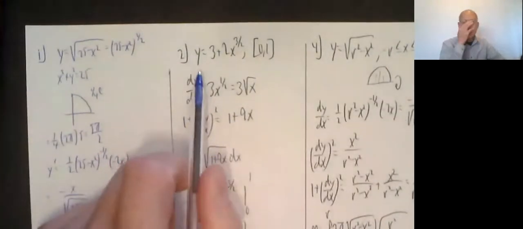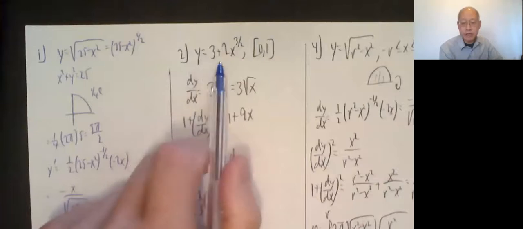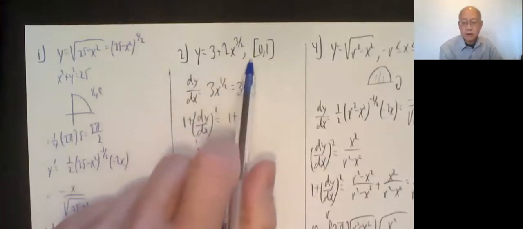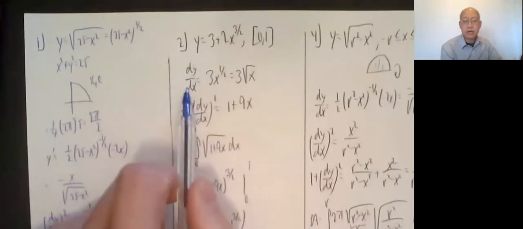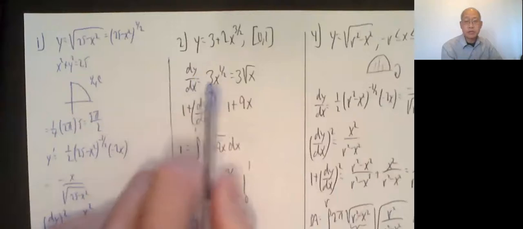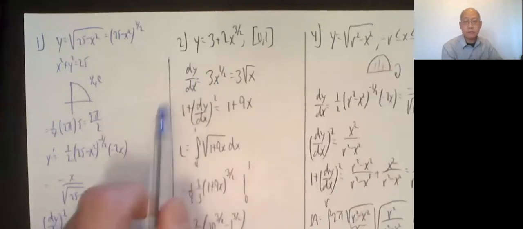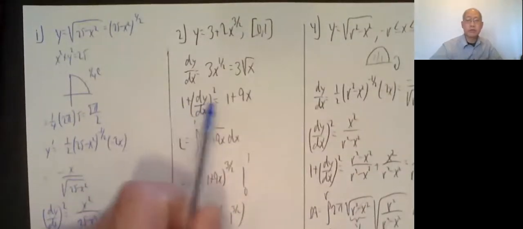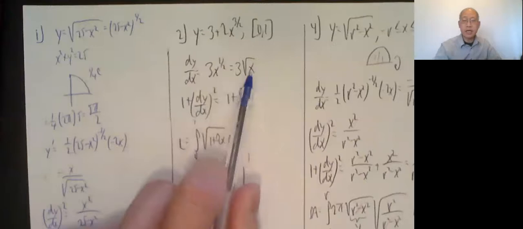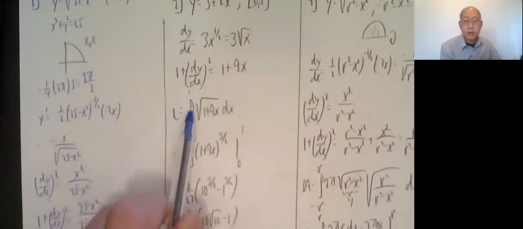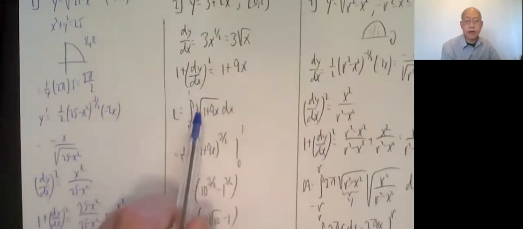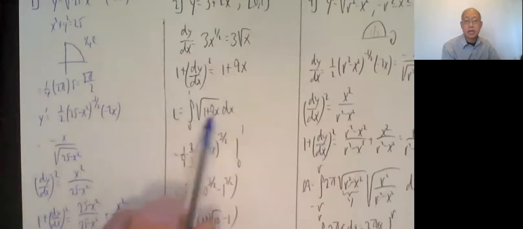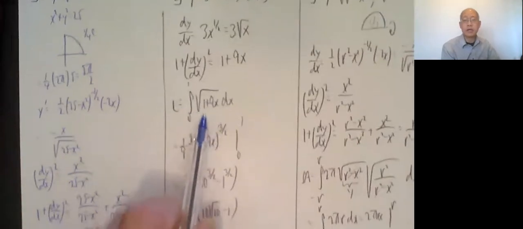Number 2, find the arc length. Y equals 3 plus 2x to the 3/2. We're going from 0 to 1. So dy dx is 3x to the 1/2, or 3 radical x. 1 plus derivative squared is 1 plus 9x. So the arc length is the integral from 0 to 1 of radical 1 plus 9x, that's the same as 1 plus 9x to the 1/2.